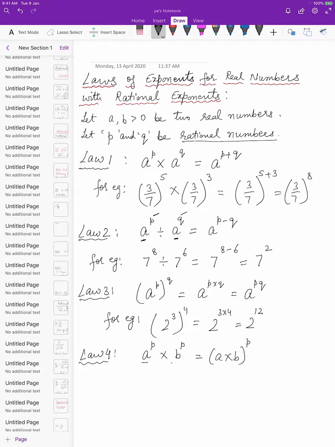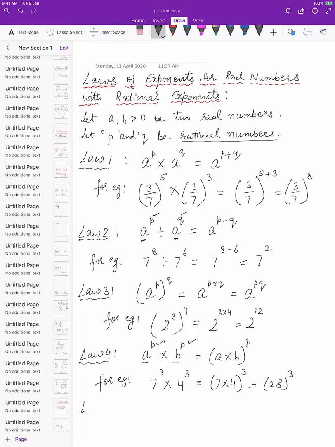Here the bases were different but the exponents were the same, so we took both the bases inside the same bracket and the exponent was common for both. For example, I can write 7 raised to the power 3 into 4 raised to the power 3 as 7 into 4 raised to the power 3, which is equal to 28 raised to the power 3.